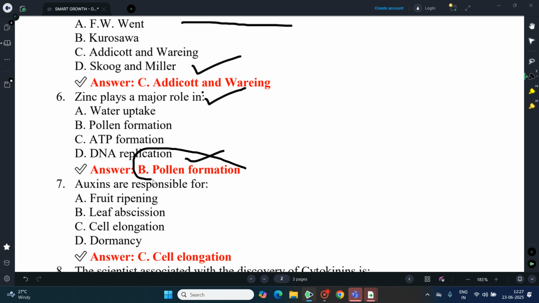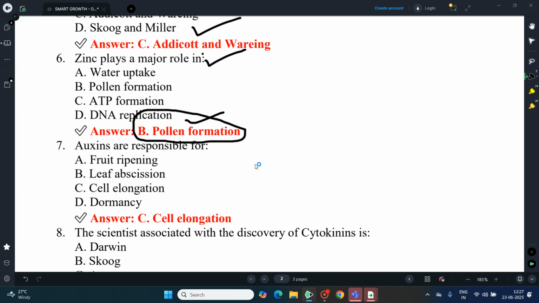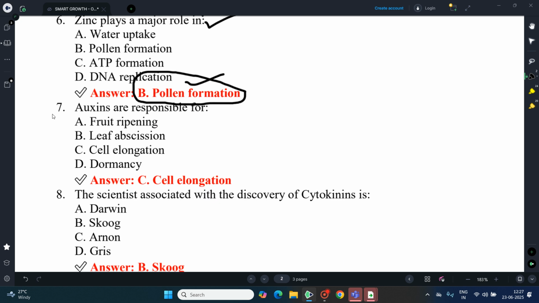If there is any deficiency in zinc nutrition to the plant, there is a reduction in pollen growth and development. The seventh question, auxins are responsible for cell elongation. As I told in my previous presentation, this is mostly used in tissue culture, developing tissue culture saplings or whatever it may be.